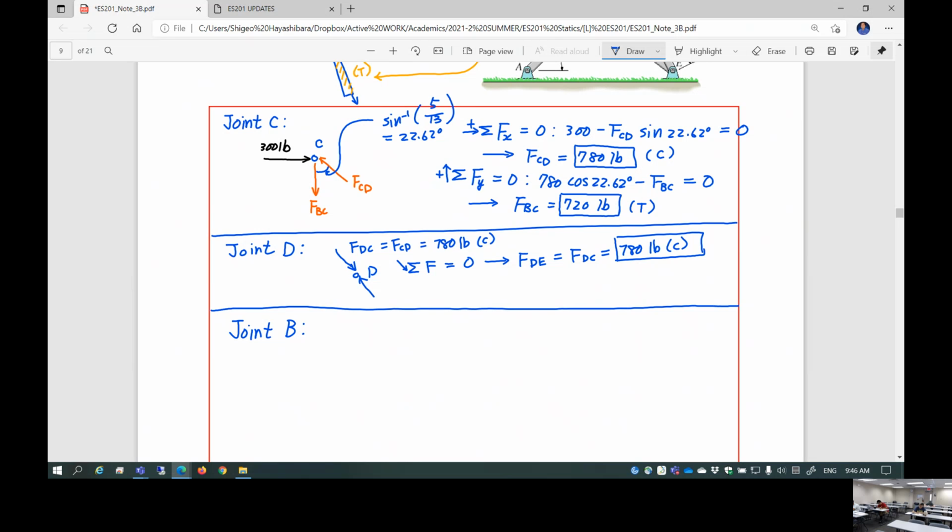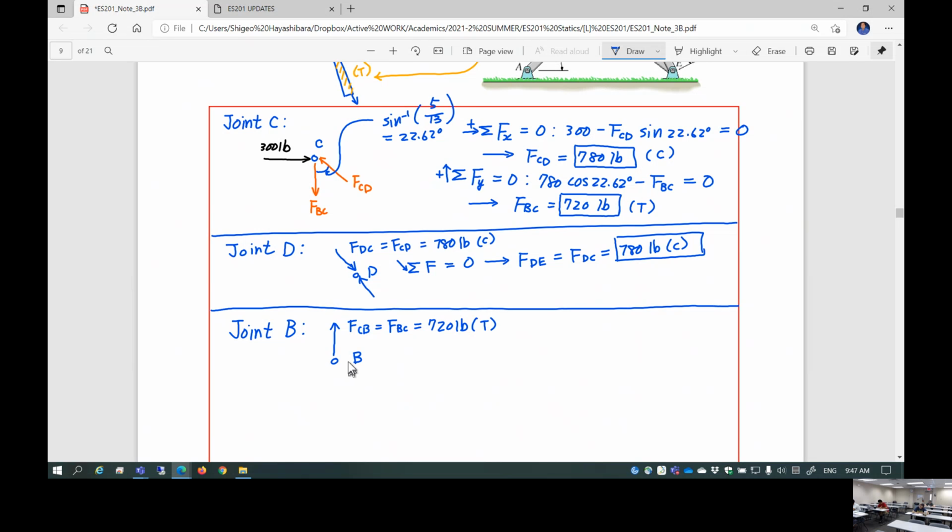For joint B, I'm going to draw once again a free body diagram at joint B. This is B. One thing I know is FCB, which is equal to FBC, which is 720 pounds. This is tensile.